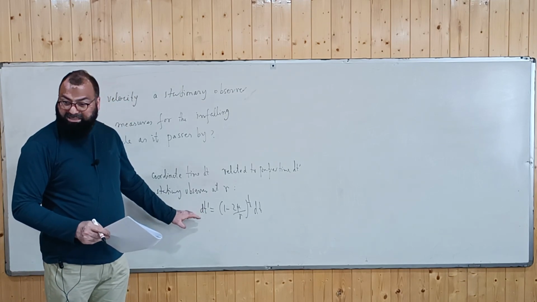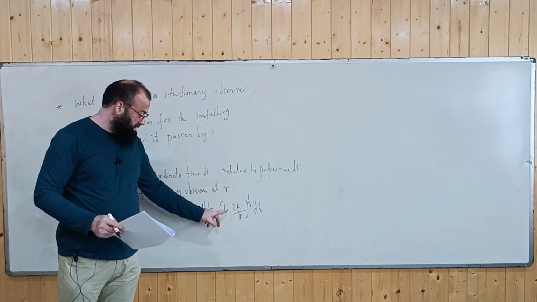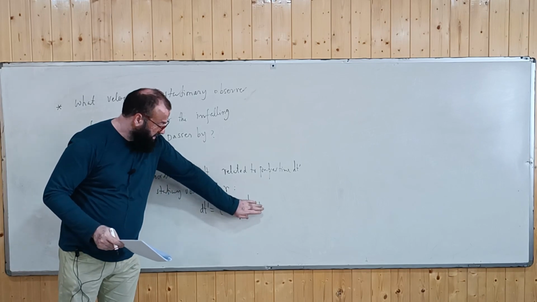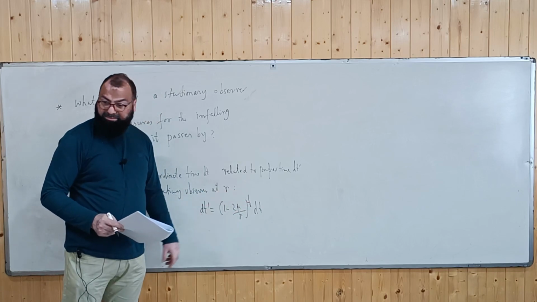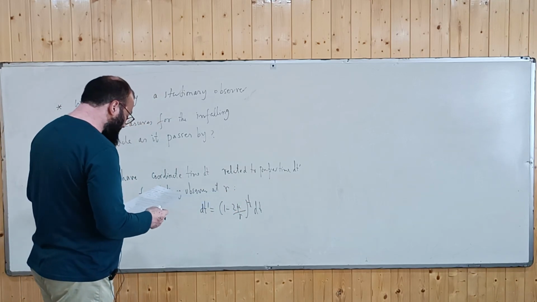What is the line element? ds squared is equal to c squared dt squared (1 minus 2 mu by r) and so on. When you take the proper time, you have to take the root of this object. So that will be the root of it. Clear?